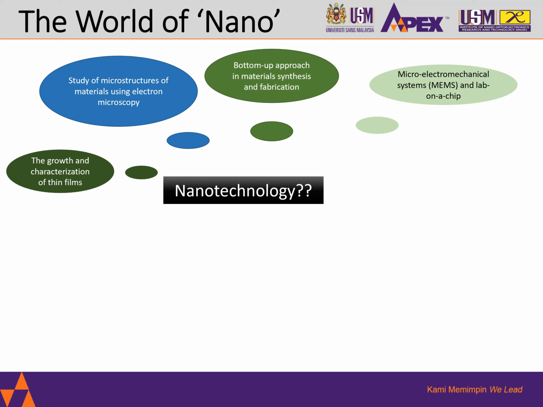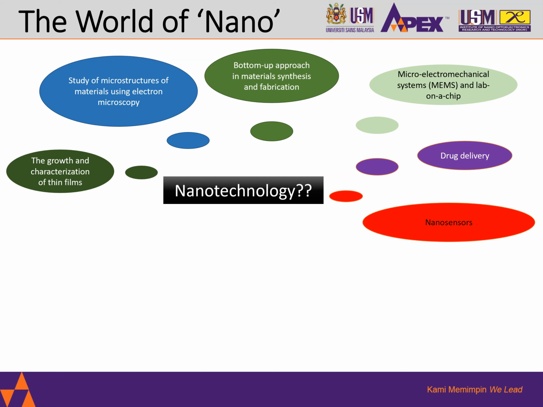Others consider the application parts of nanotechnology, such as microelectromechanical systems, in short MEMS, and lab on chip. Drug delivery is another application, for example putting drug into nanomaterials such as carbon nanotube or gold nanoparticle so that the drug can be delivered into specific parts in our body. What else?